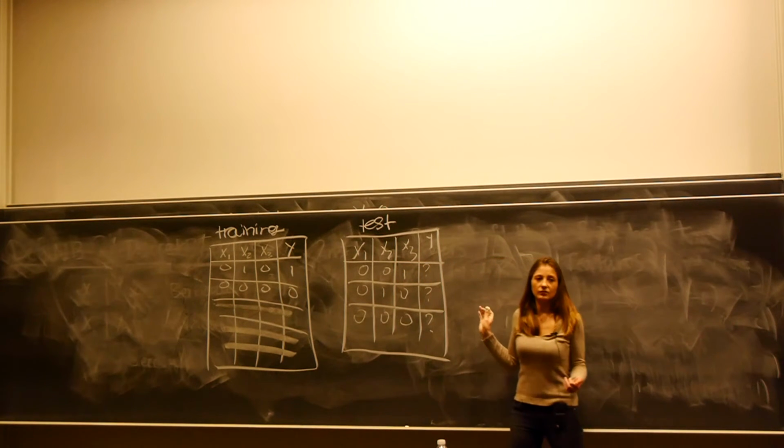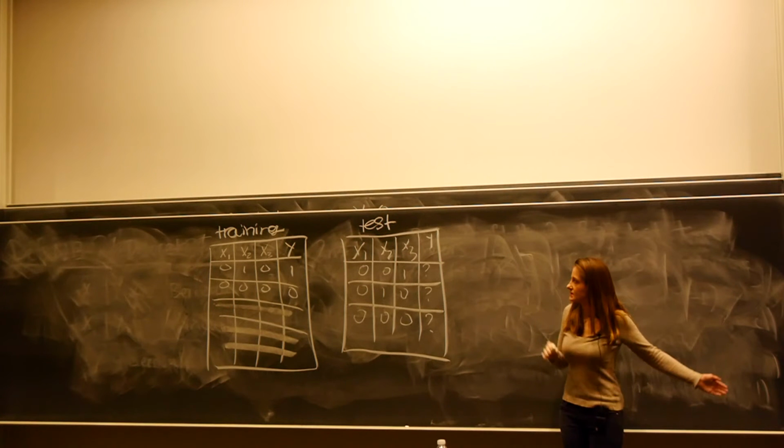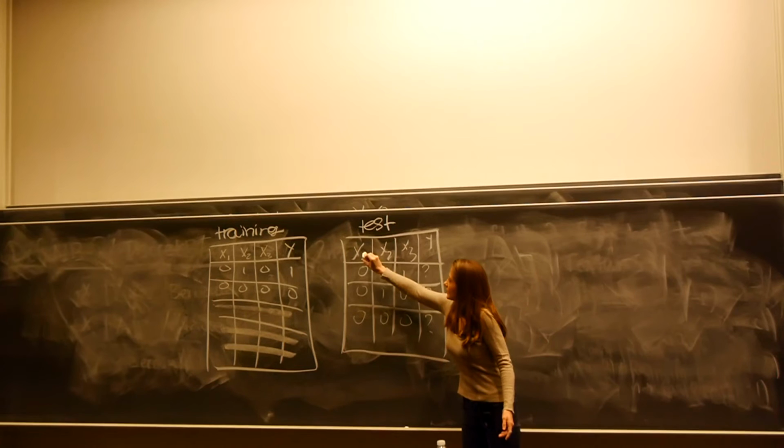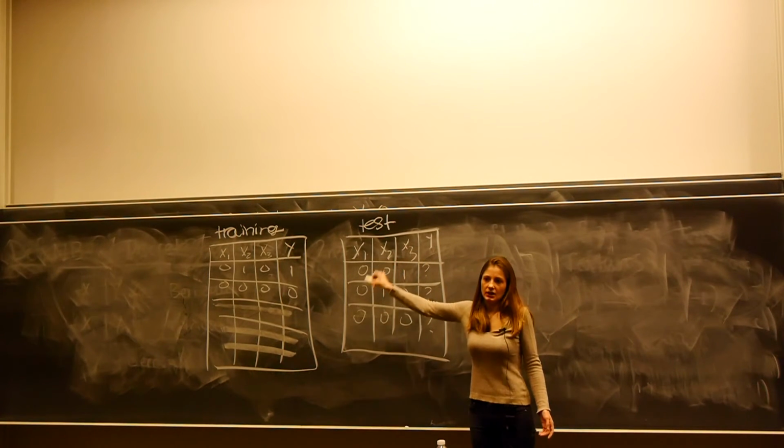And when I was using those i's and j's before, I was using i to indicate which column we're in and j to indicate which row we're in.